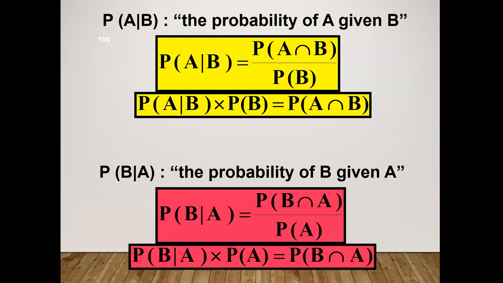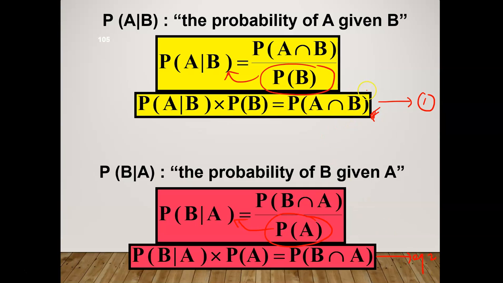The probability of A given B is P(A given B) equals P(A intersect B) over P(B). When you bring P(B) to the other side, you get this as equation 1. The probability of B given A is P(B intersect A) over P(A), and you bring P(A) to the left hand side, you get this as equation 2.